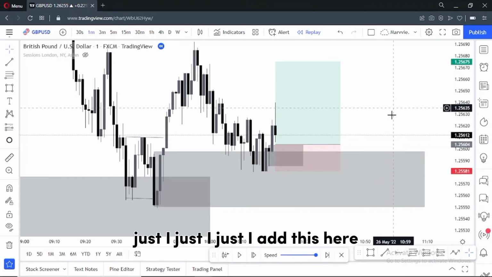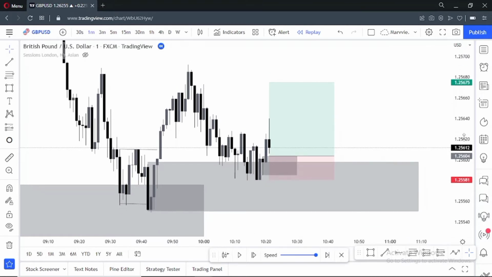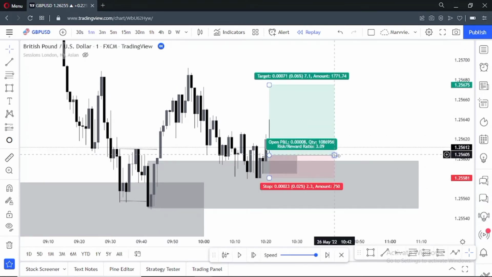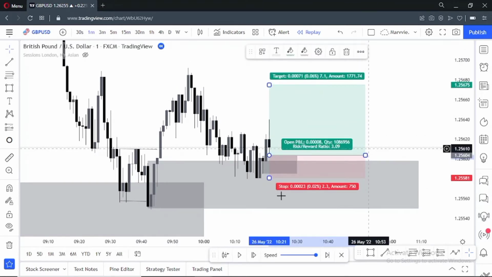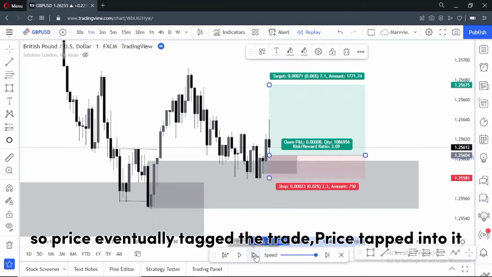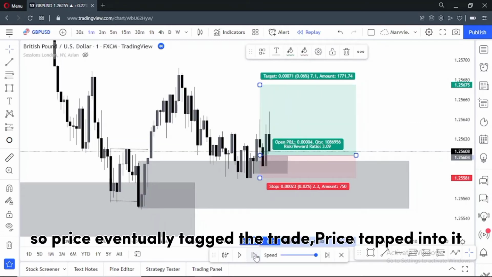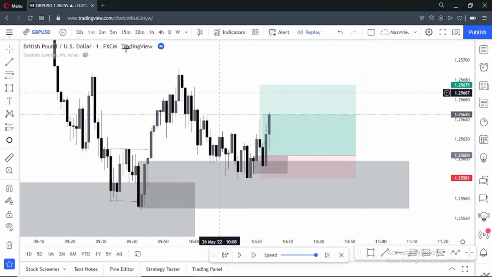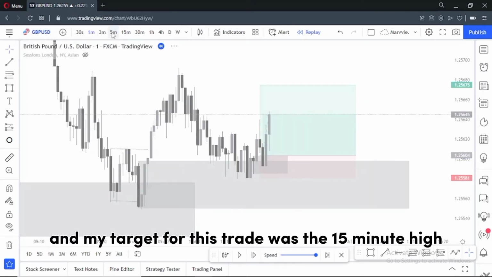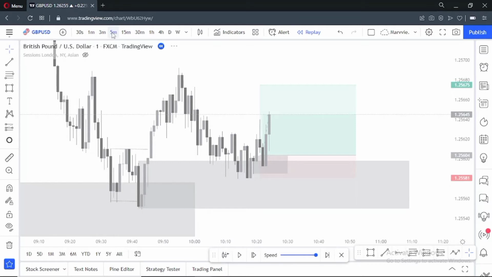So price eventually tagged the trade. Price tapped into it. And my target for this trade was the 15-minute high.